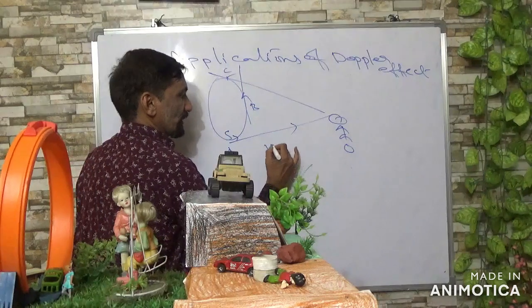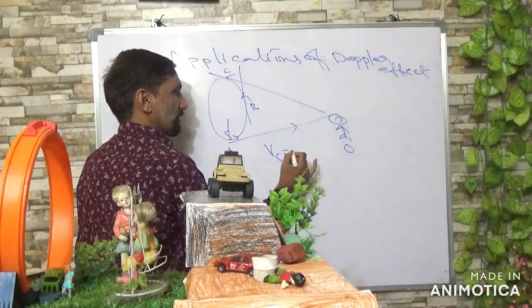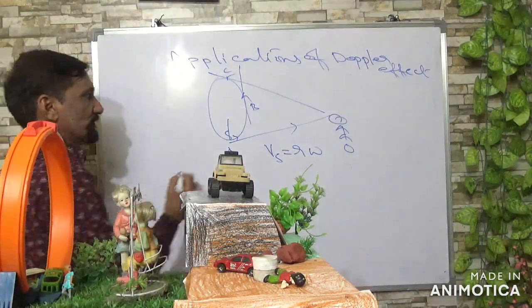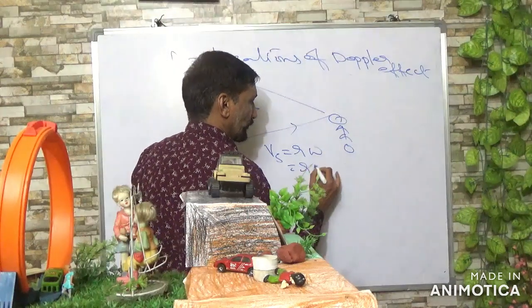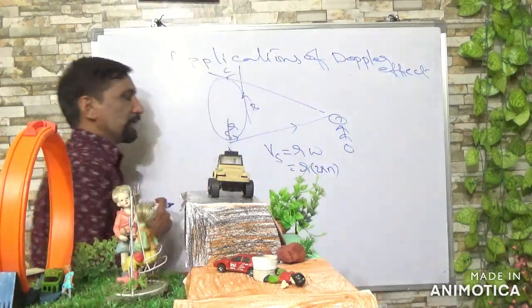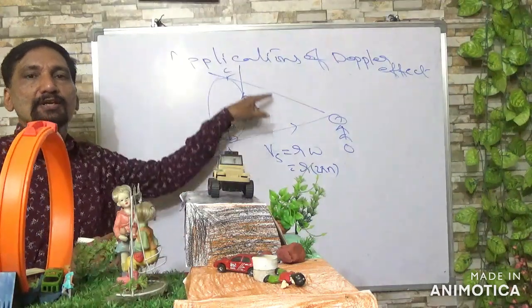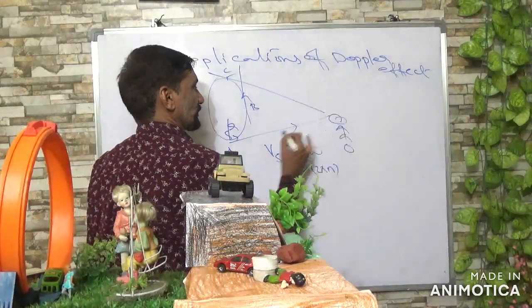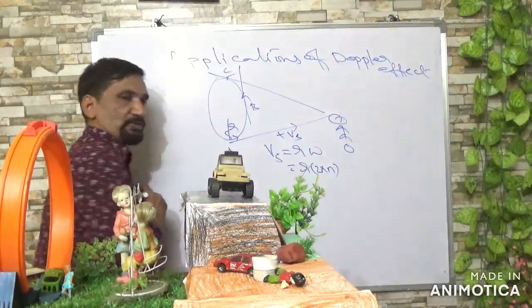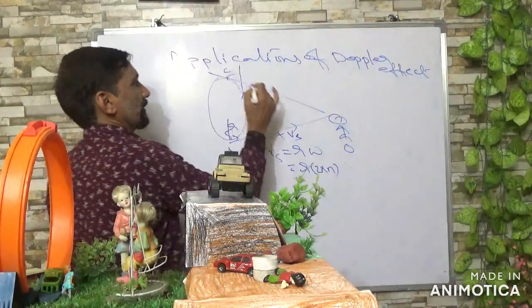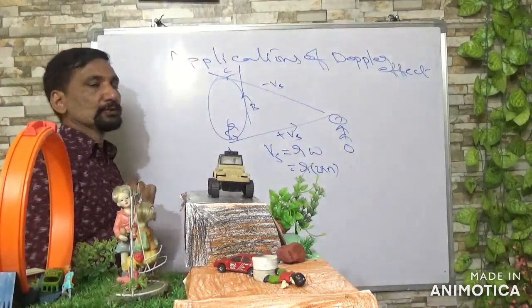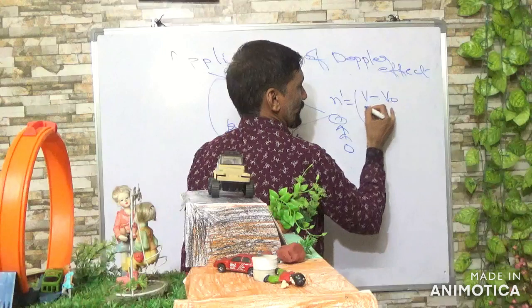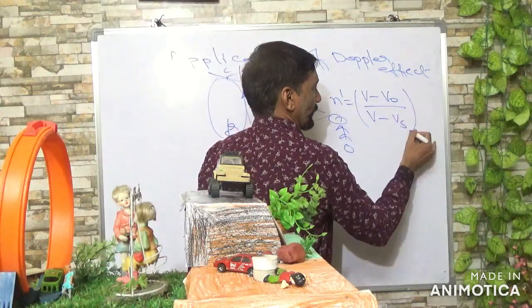Its linear velocity is taken as R omega. R is the radius of this path, omega is 2 pi n, where n means the number of rotations made per second. Whenever the source is approaching towards the observer, velocity will be taken positive; away, negative. The formula we are using is n dash equals (V minus V naught) by (V minus Vs) into n.